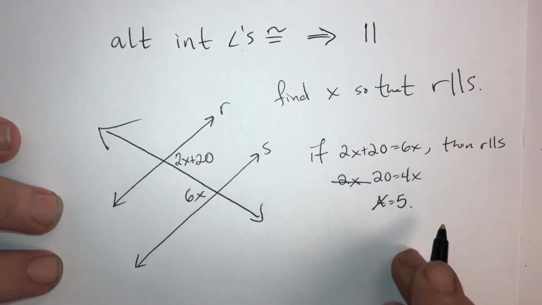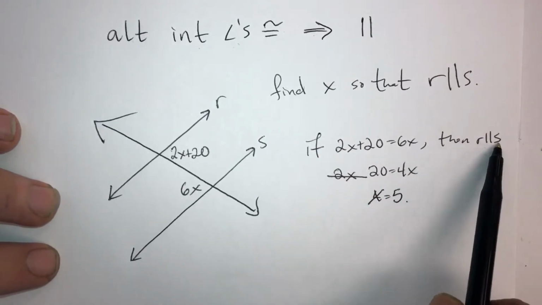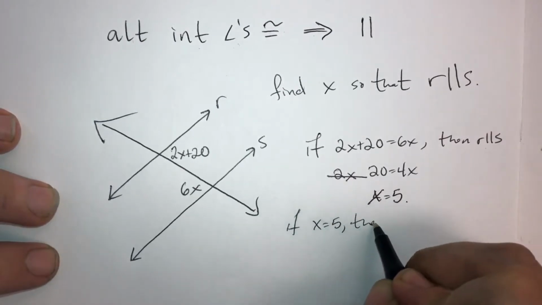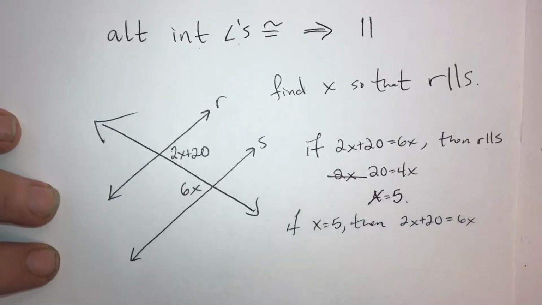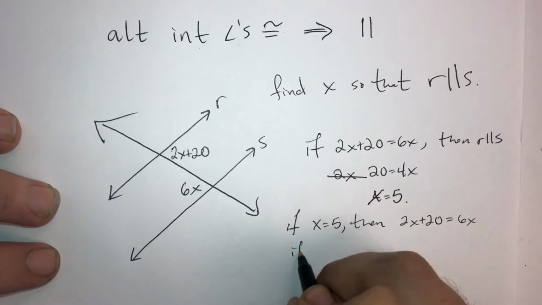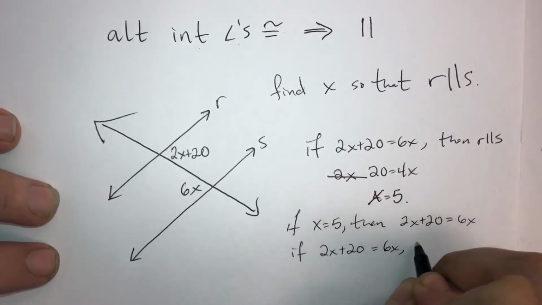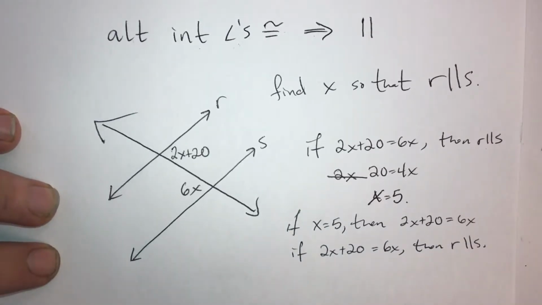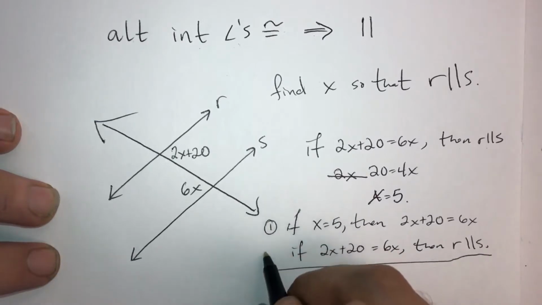So let's see how we can conclude that. What is it that allows us to conclude then that r is parallel to s? Well, if x equals 5, then 2x plus 20 is equal to 6x. If 2x plus 20 is equal to 6x, then r is parallel to s because of this diagram and because of this theorem. Can I make a conclusion here? Yeah, this is a syllogism.